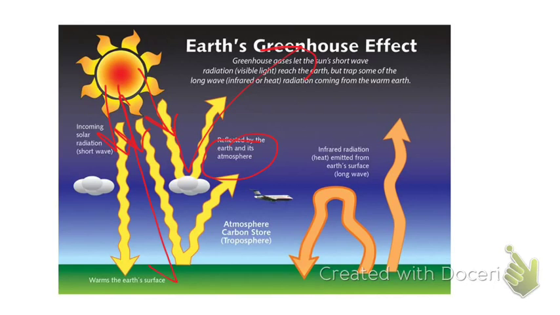Let's say we get a lot of light penetrating the Earth, and the molecules in the Earth's surface are going to absorb a lot of it. We're not counting the reflected light, just the absorbed light. That absorbed light is then going to speed up the vibrations of the molecules and atoms in the Earth's surface. And when it does so, those vibrating atoms are going to begin to emit radiation.